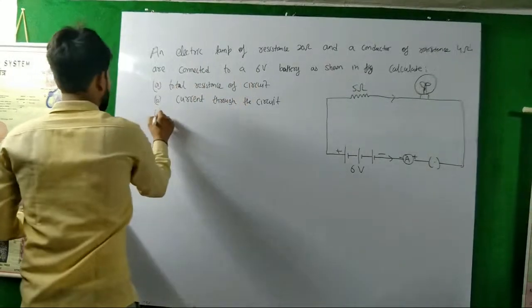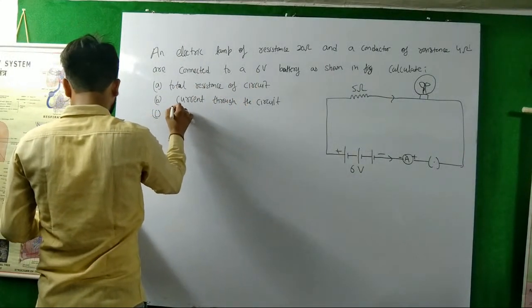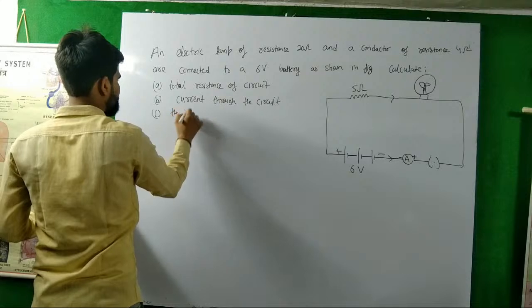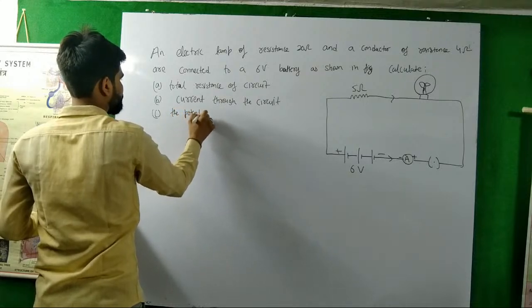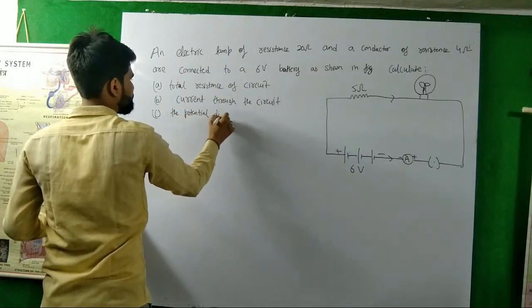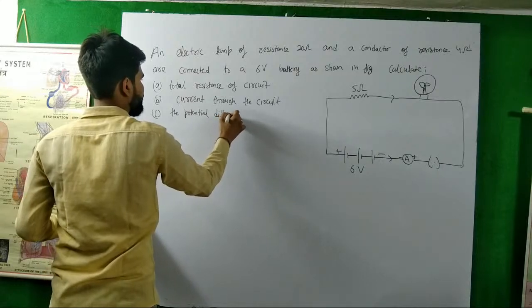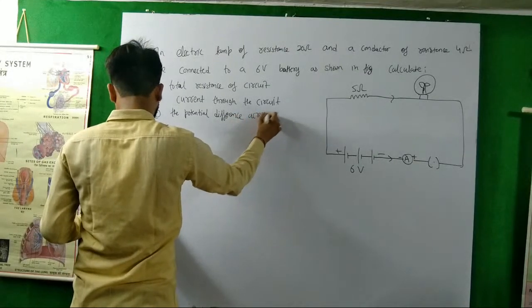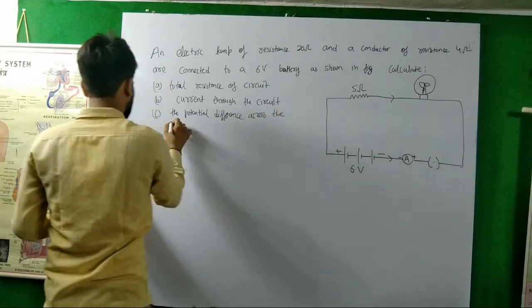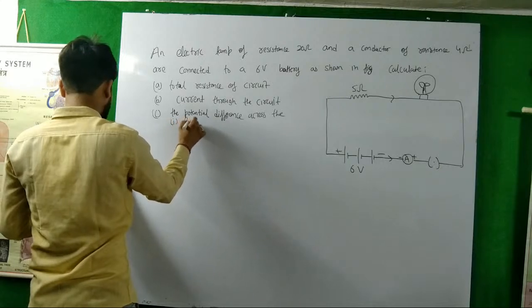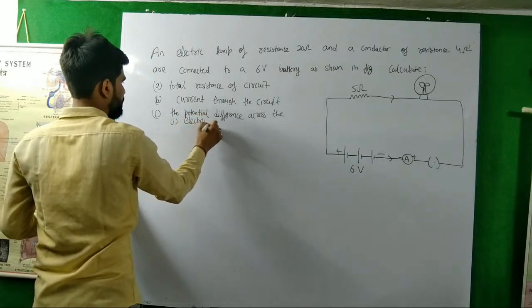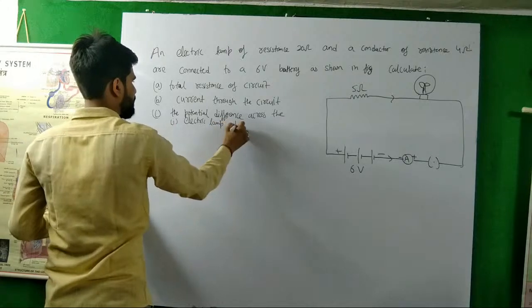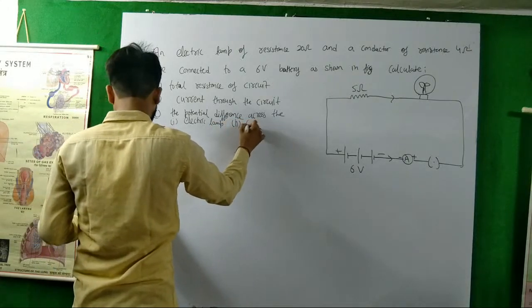And the next question is C, the potential difference across the electric lamp, and the next is the conductor.